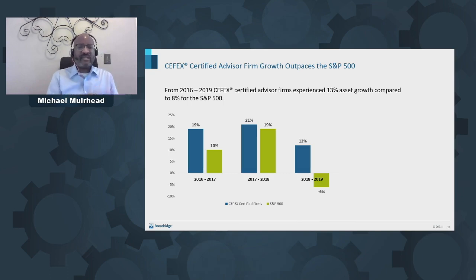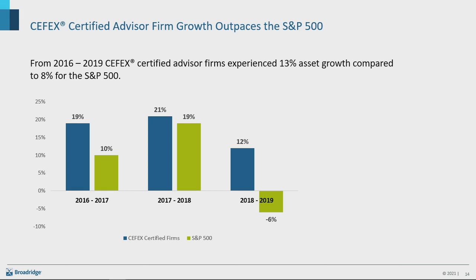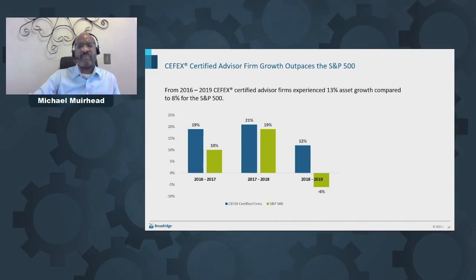Over the preceding 2 1-year periods, you see that these CEFEX firms grew at roughly 20% versus 10 and 19% for the S&P 500. And growth rate over the 3-year period in aggregate was about 13% versus 8% on the S&P 500.